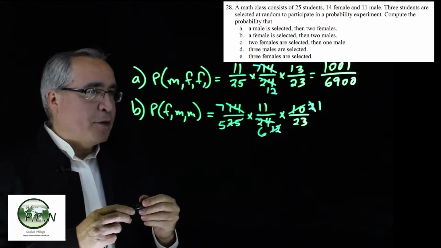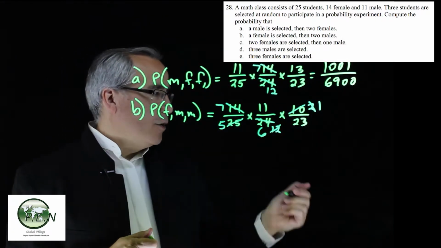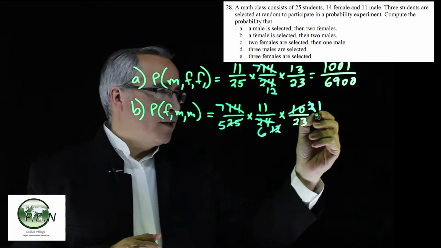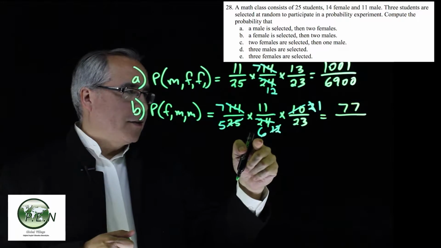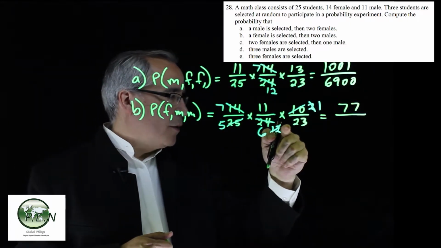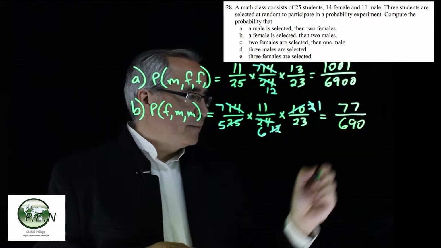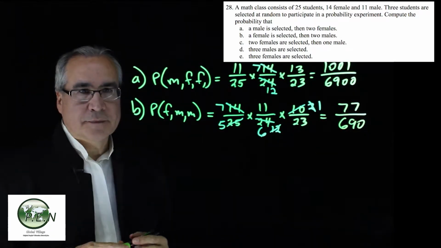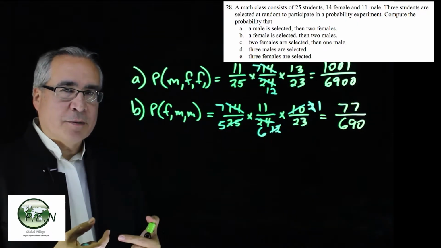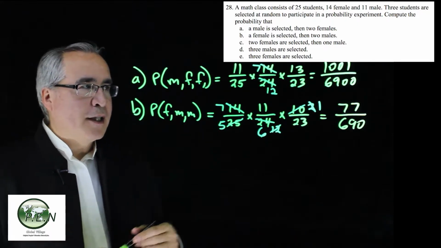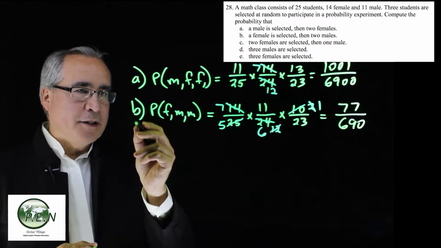So now when we do our multiplying, we do 7 times 11 times 1, which gives us 77. 5 times 6 is 30, times 23 is 690. So there's our probability. Again, you could turn that into a decimal and then a percentage as well, but this will allow you to check your answer in the back of the book.